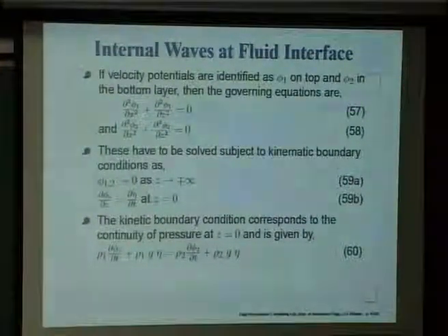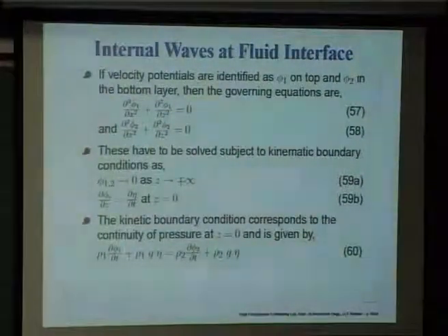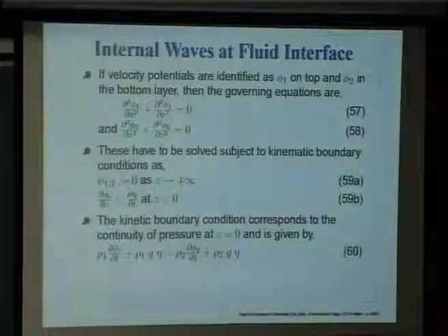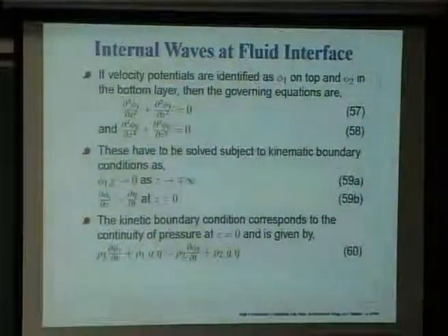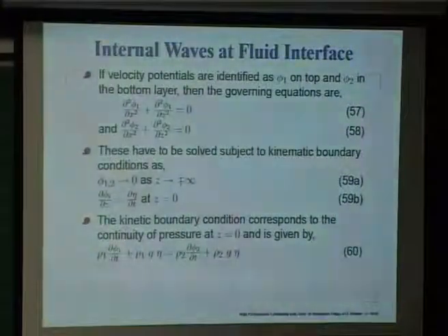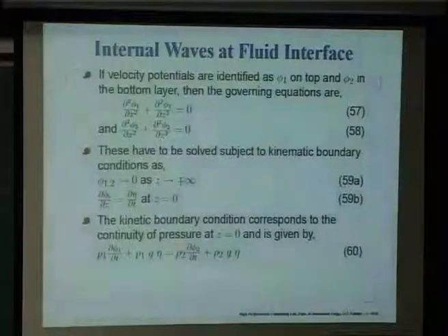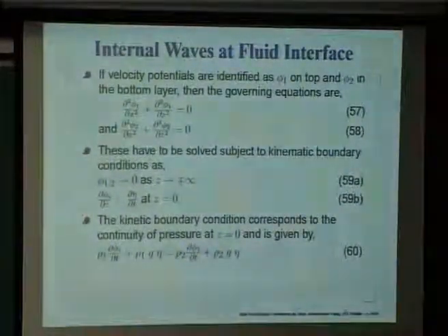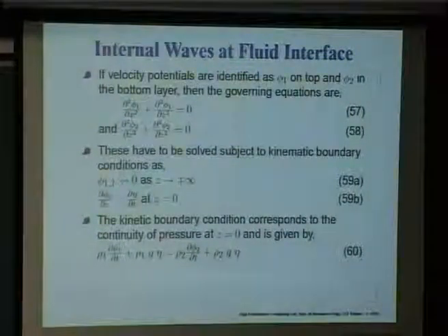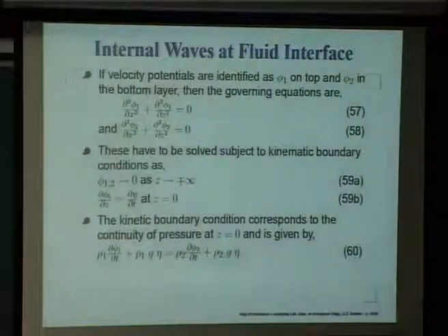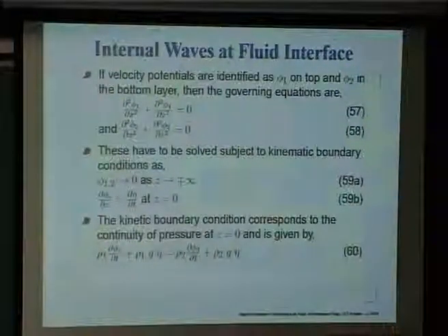The governing equations are again Laplace's equation, and you need to solve this equation subject to these two kinematic boundary conditions. If you are going far away from the interface, the solution should decay. Okay. This interface displacement should decay, and at the interface, which we will apply at the mean interface because of the linearity of the problem, the fluid velocity is given by the interface displacement time rate.